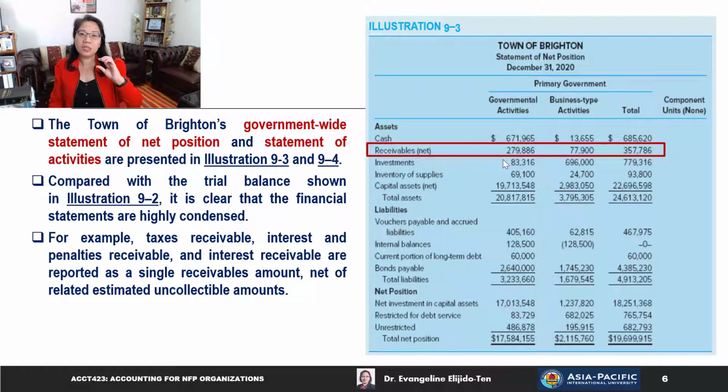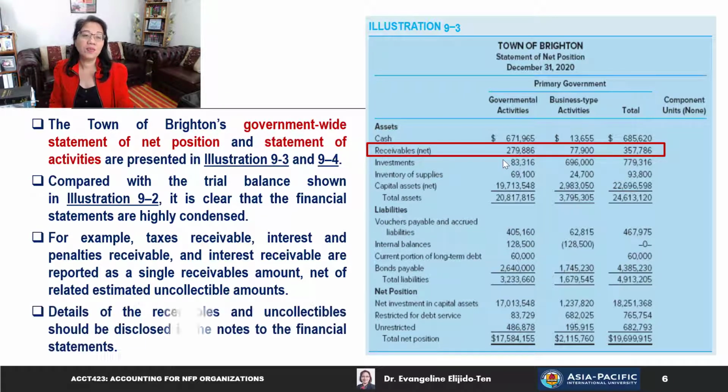Because the figures provided in the statement of net position as shown here are highly condensed, there is a need for the details of the receivables and uncollectibles to be disclosed in the notes to the financial statements so that an interested user of this financial report will know the breakdown of this receivables net amount.